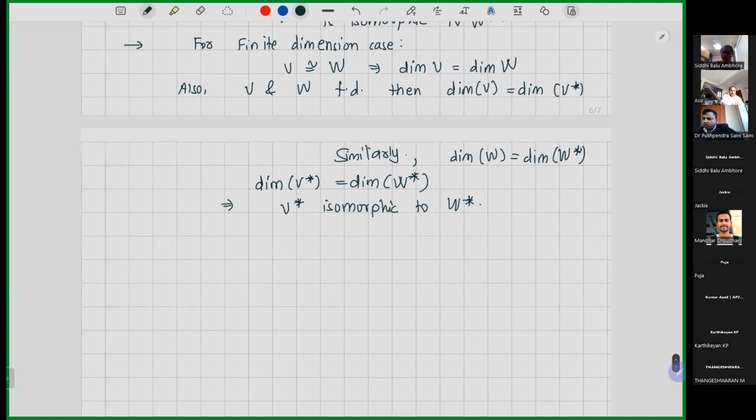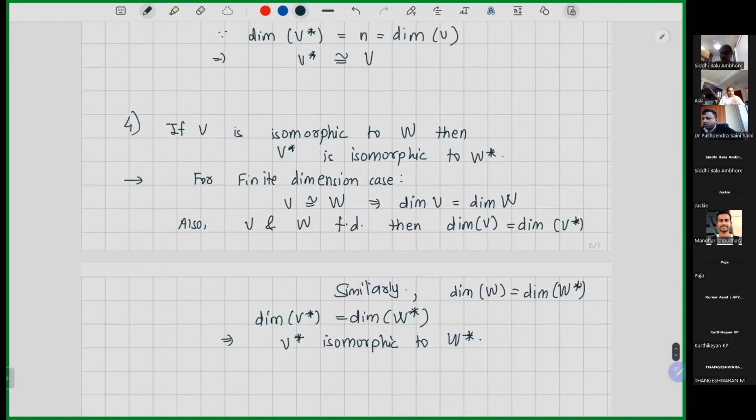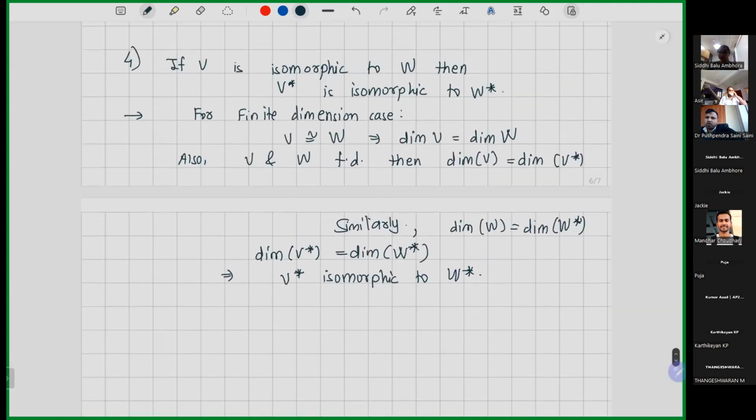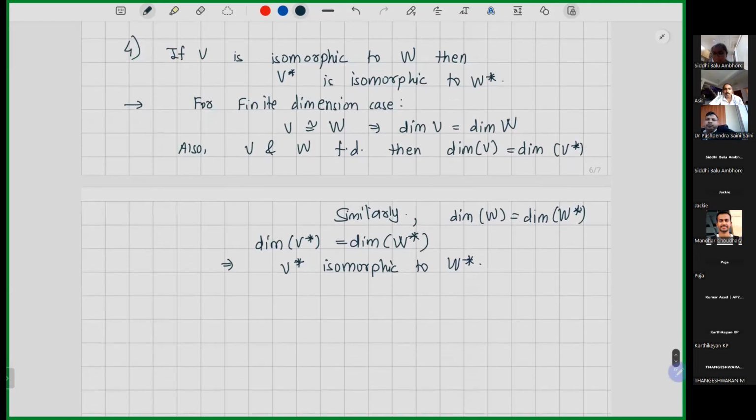Then what is your guess? Whether this statement will be true or not in the infinite dimensional case? In the first problem, we did that dimension of V would be less than or equal to dimension of V star.